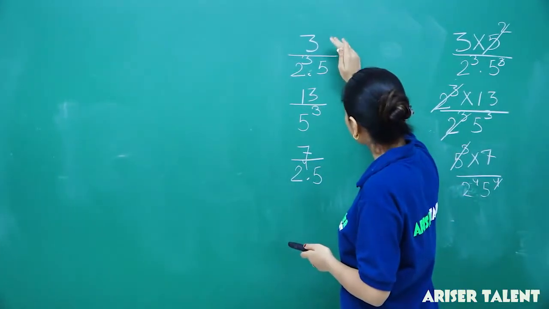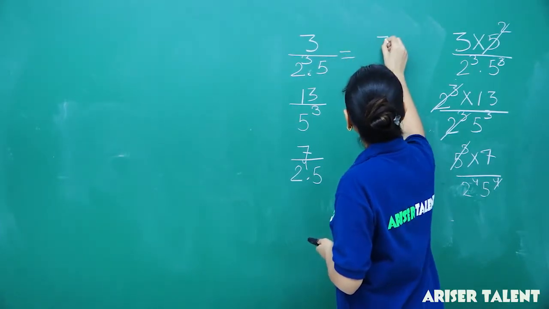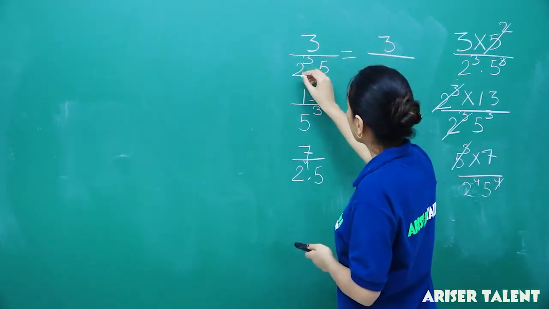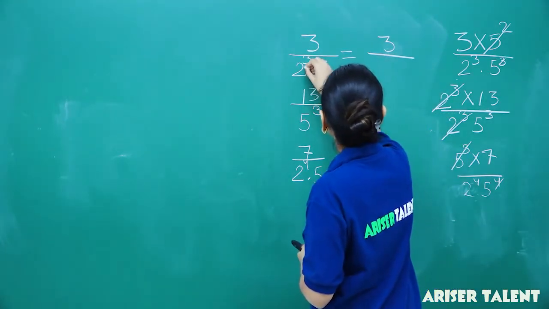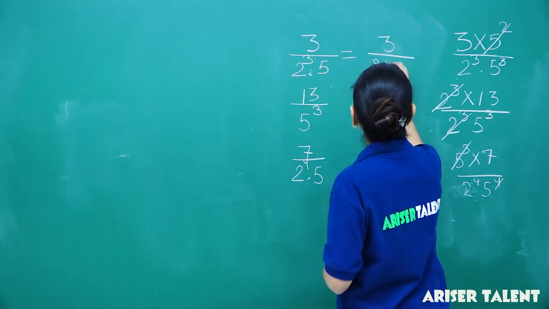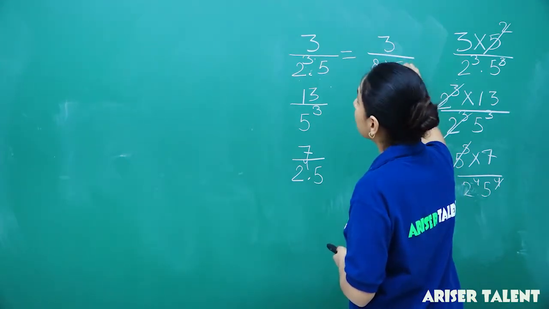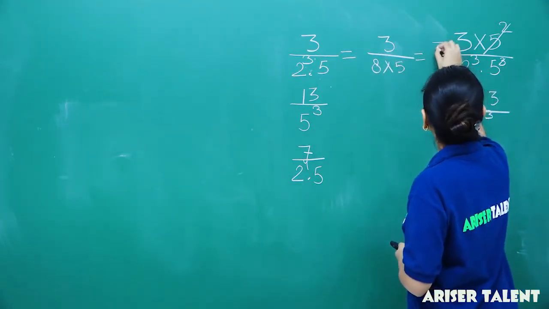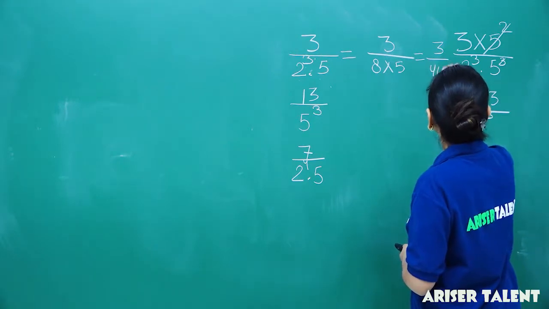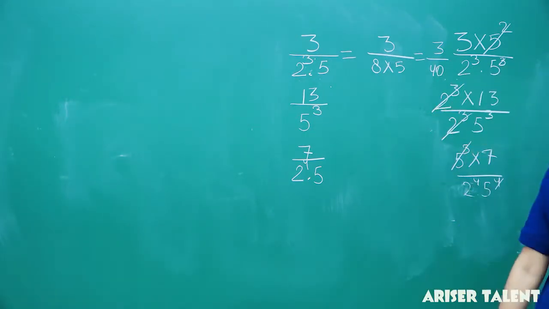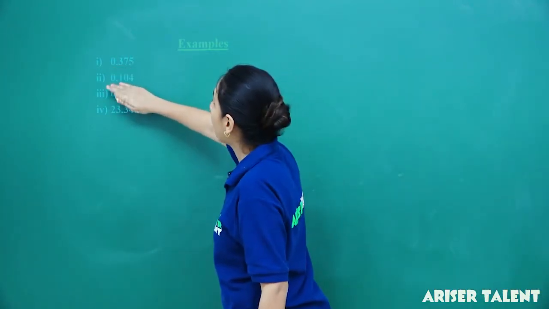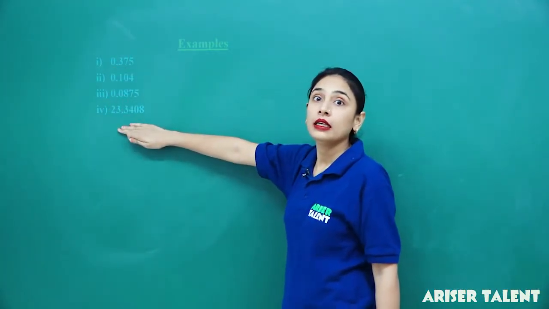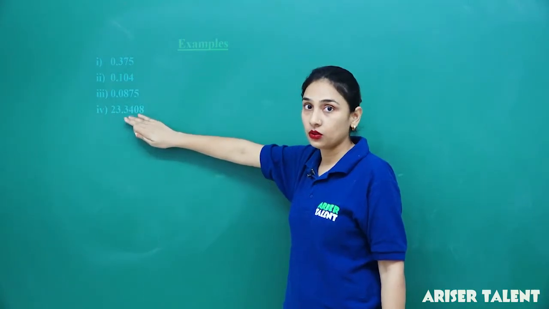If you are multiplying this 3, now 8 multiplied by 5, so in this example we have these 4 decimal numbers.